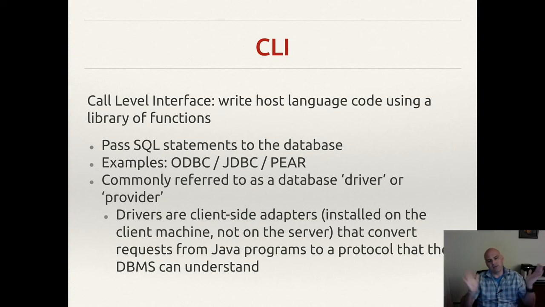It basically takes everything that you would have done inline and embedded and makes a lot of it available in a library. And this library is commonly referred to as a database driver or provider. And you probably know it by names like JDBC Connection or ODBC Connection. PHP has PEAR, right? So these are all examples of a CLI.